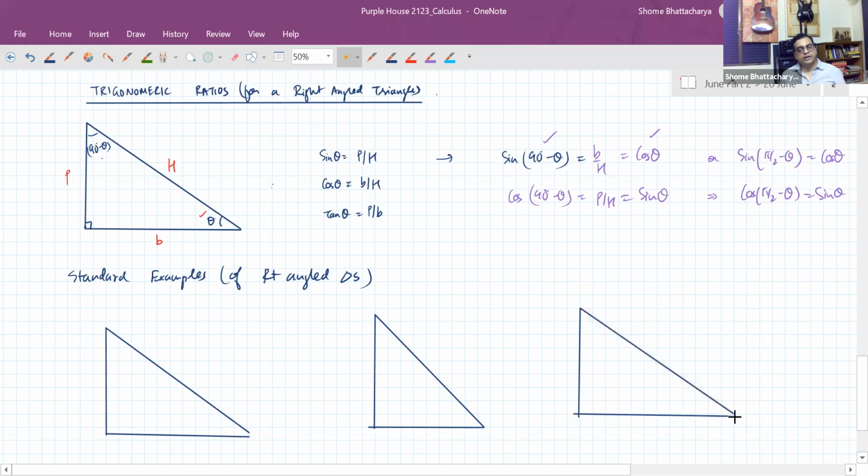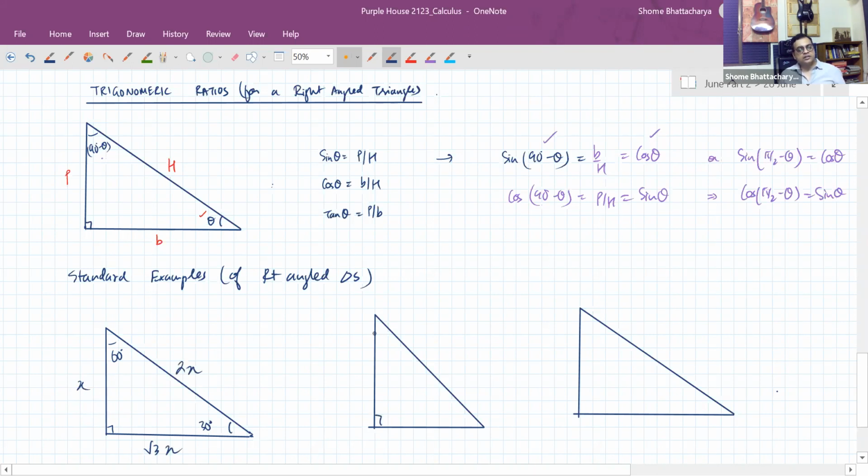What you need to keep in mind is that these triangles have particular shapes. If this angle is 30 degrees and this angle is 60 degrees, then the sides will be in the ratio x, root 3x and 2x.